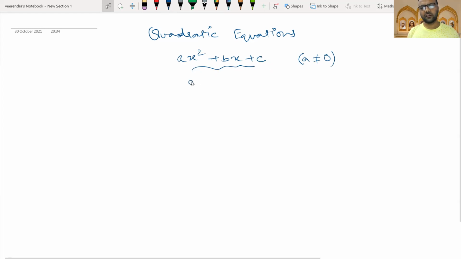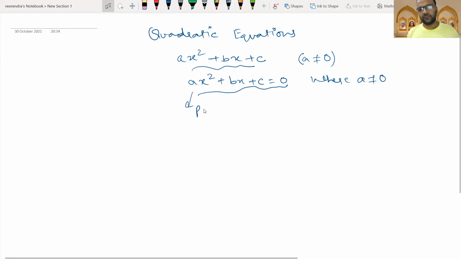If I put it equal to 0, ax square plus bx plus c is equal to 0, where a is not equal to 0. So this is a quadratic equation, where a is the quadratic coefficient, b is the linear coefficient, and c is the constant term.